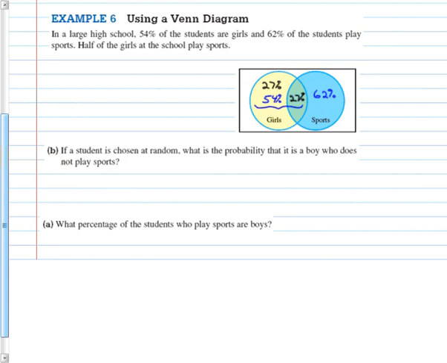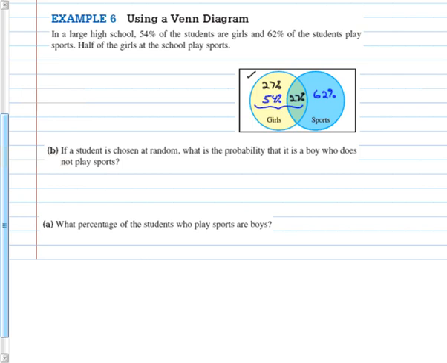Let's keep going with this, actually. Can you tell me what percent I have out here that are boys in the white who do not play sports? How much is used up totally in these 2 groups?